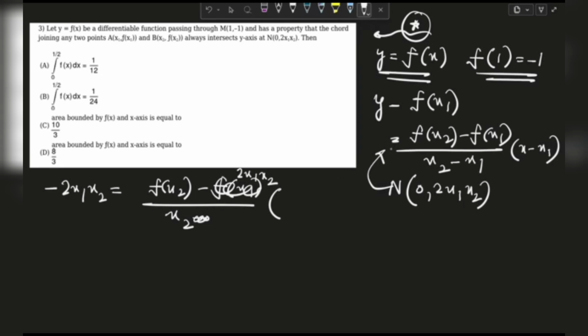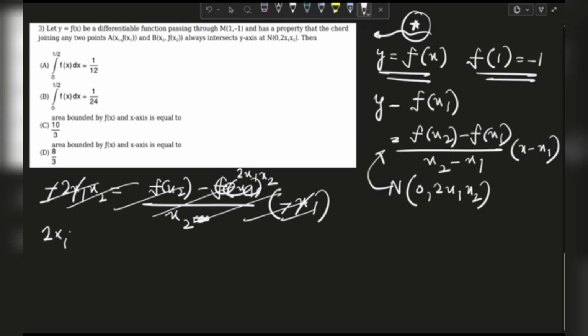Our x minus x1, where x is 0, is minus x1, so minus and minus cancel. Okay, just a minute. Okay guys, I did a little bit of calculation mistake here. I will rewrite this again, so please bear with me.